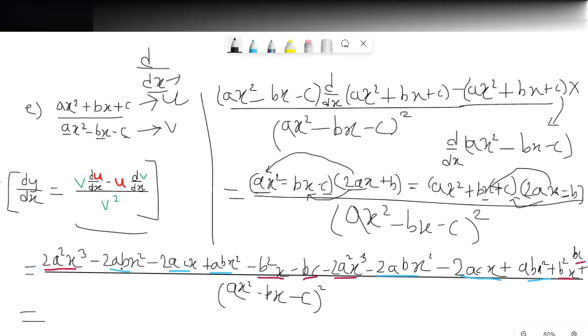And if you also notice, you have minus 2abx square plus abx square, and then minus 2abx square plus abx square, meaning minus 2 plus 1 minus 2 plus 1, which is basically 2, which means there are minus 2abx squares. So we get minus 2ax multiplied by bx plus 2c divided by ax squared minus bx minus c whole square.